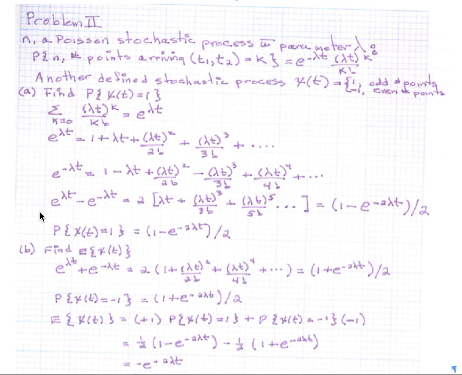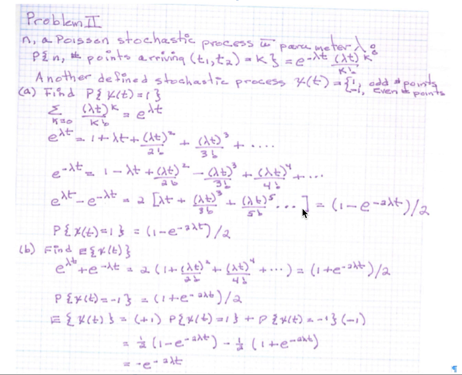Now, we will subtract from e to the lambda t, e to the minus lambda t, affecting a situation where we will end up removing the even points from the first assessment of e to the lambda t, and this will yield 2 times the quantity lambda t plus lambda t cubed over 3 factorial plus all the other odd points.